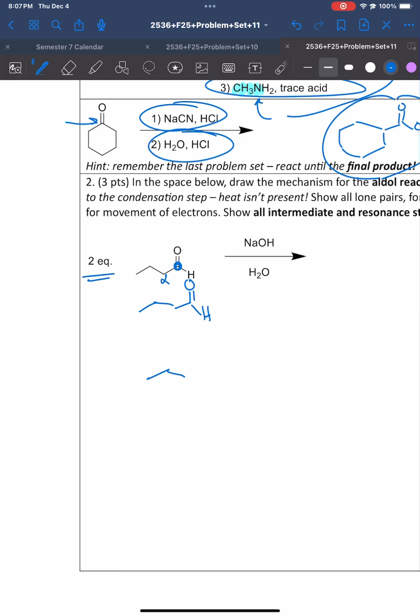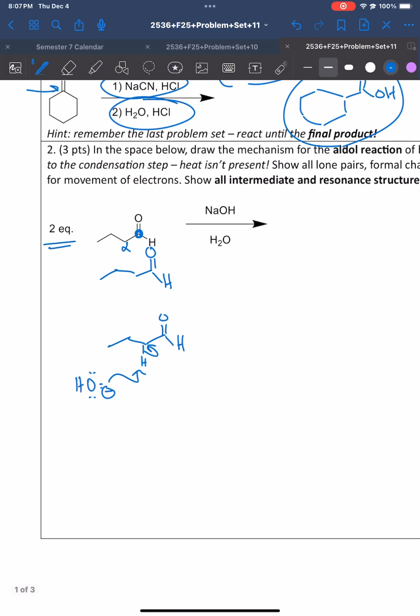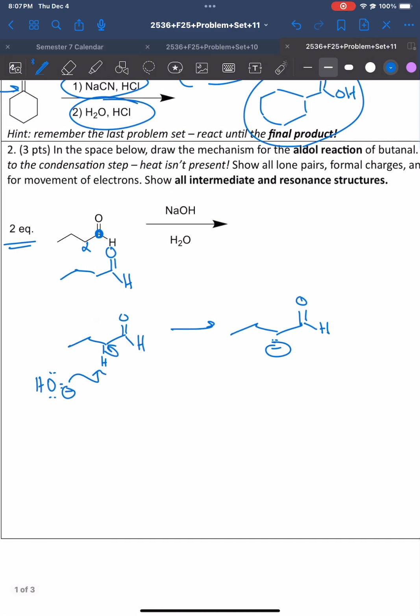The first step that is going to occur is we have this OH from the NaOH basically going to take this hydrogen off of this alpha carbon, and this pair of electrons right here is going to fall back down here, creating a negative charge. Basically that's going to form something that looks like this. That's typically always going to be your first step when you're dealing with these kinds of reactions.